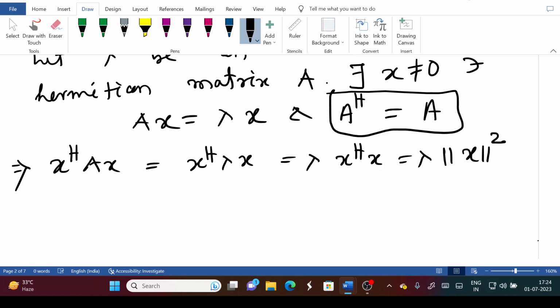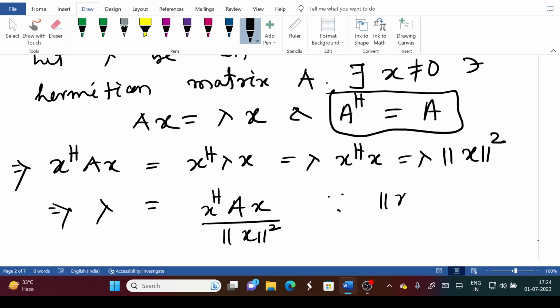But x is non-zero, so this is always positive. So lambda is equal to x^H A x divided by the length of x whole squared, since the length of x is greater than 0, I can divide it.